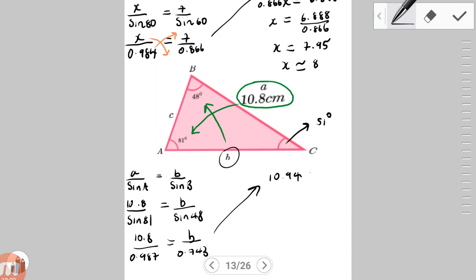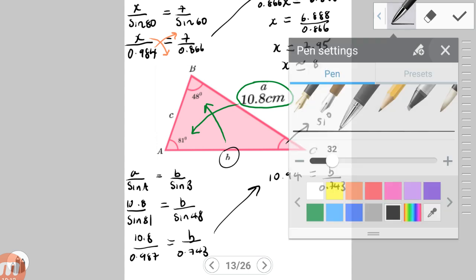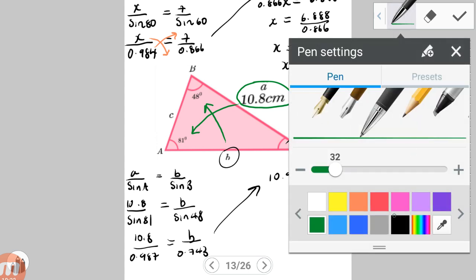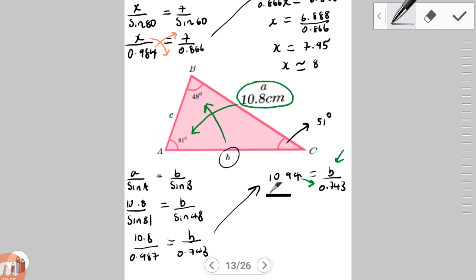That's the left side, and that's going to be equivalent to b divided by 0.743. Now, very simply here to get the answer, we simply multiply, because the unknown variable is at the top. So if it's in the numerator, we simply cross multiply to get our answer. So I think this is a little bit shorter.